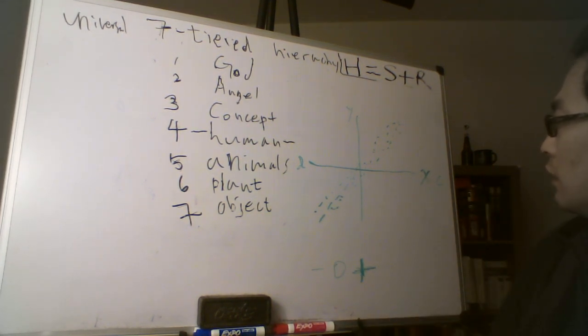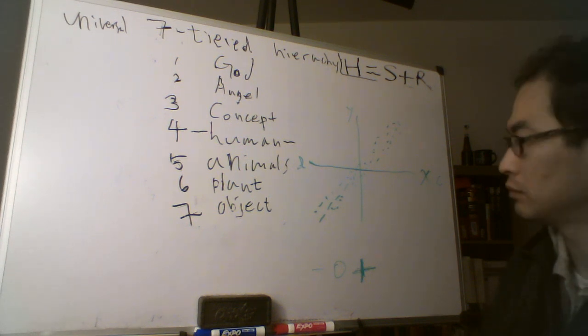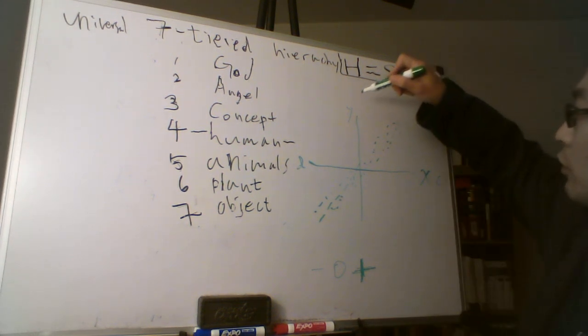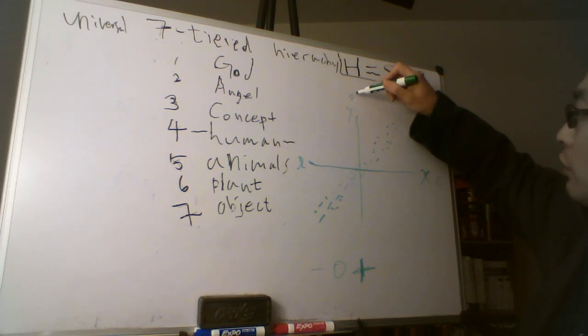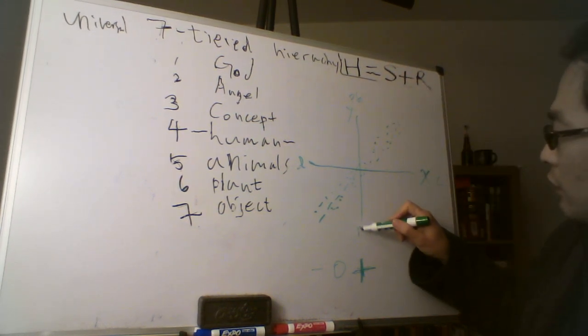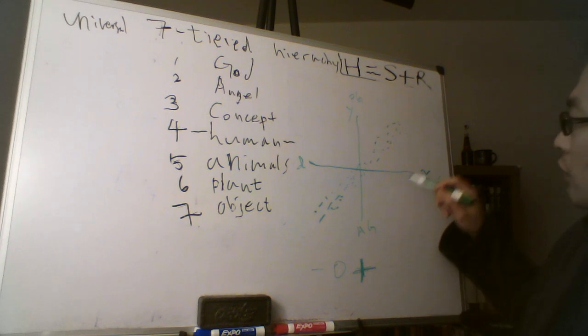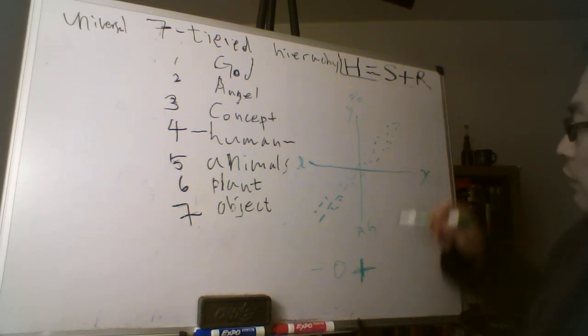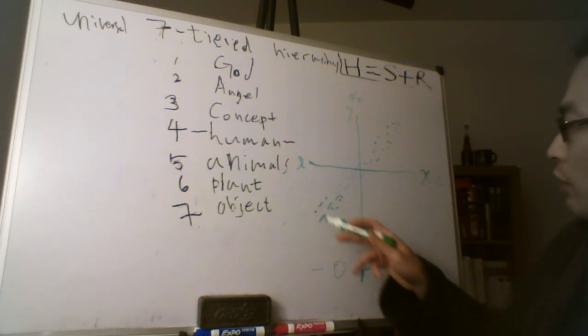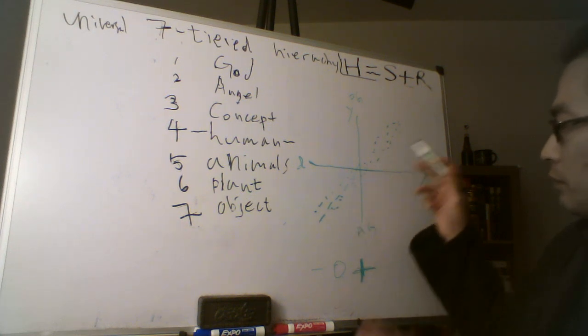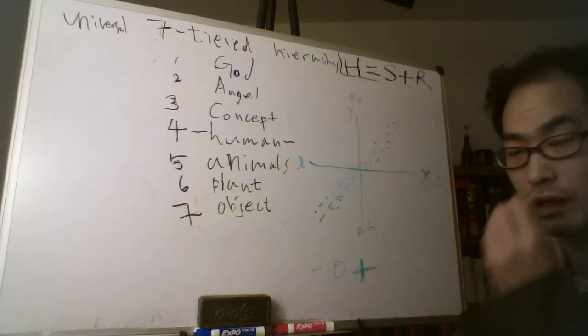Let's say the question is about guns: are you more pro-gun or anti-gun? Conservatives tend to be more pro-gun. Liberals tend to be more anti-gun. So there's a positive correlation. All right.